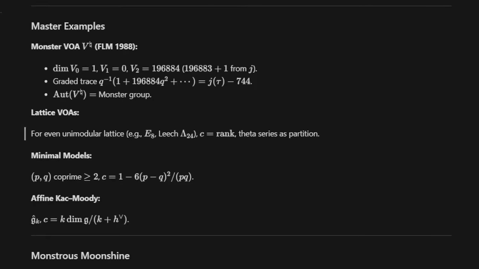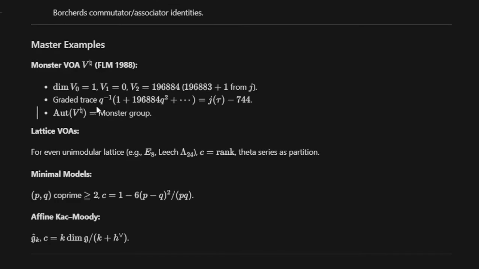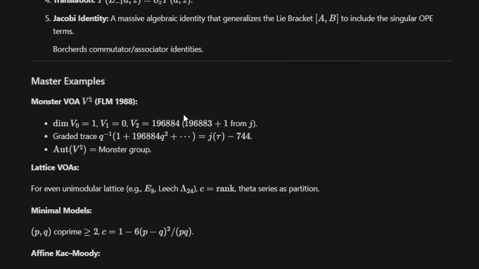Now, let's look at some master examples. We can look at the monster vertex operator algebra on V natural. This means that if we have the dimension of some vertex operator algebra V_0 equal to 1 and V_1 equal to 0, then we'll get that V_2 is equal to 196,884, which is 196,883 plus 1 from J. The graded trace of this gives us a polynomial which encodes this vertex operator algebra.